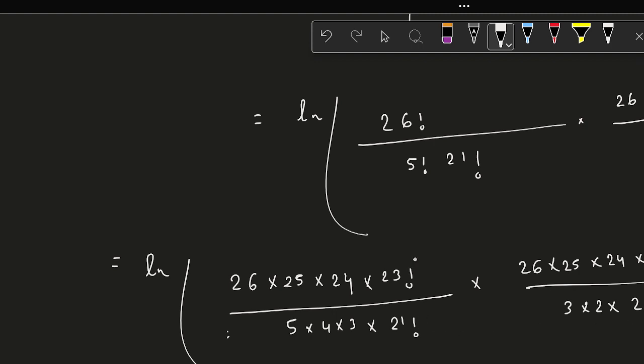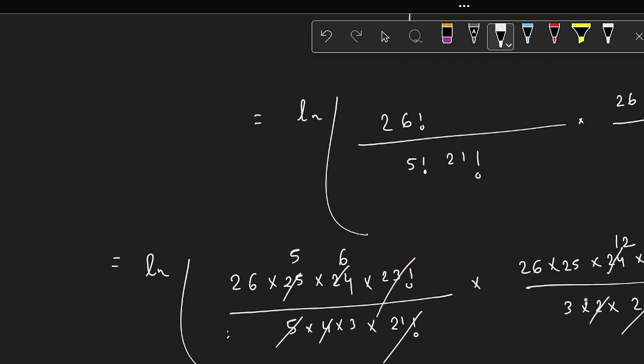So you can now simplify things by crossing it off. 23 factorial cancels out, 21 factorial also cancels out. So what are the things that are left? So this is 5, 25 is 5, 5. This is 6, and then we have 2, 12.